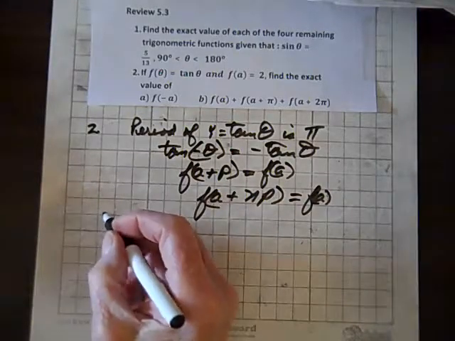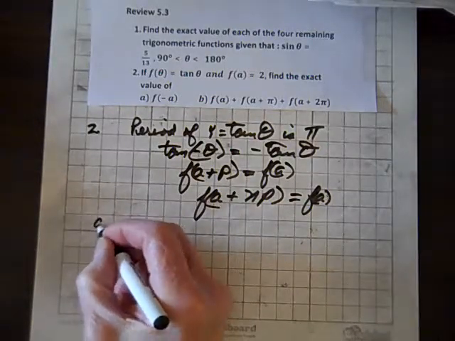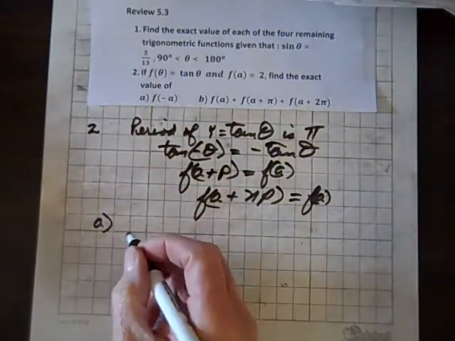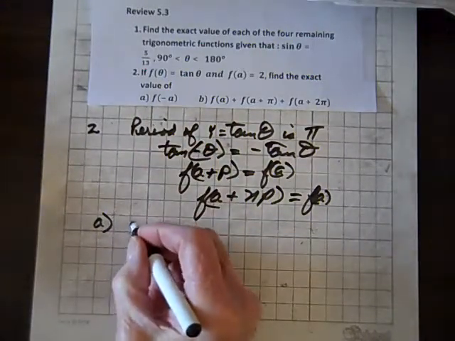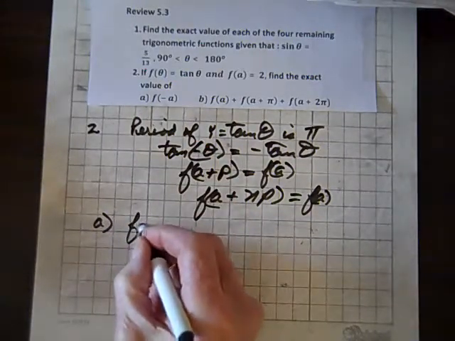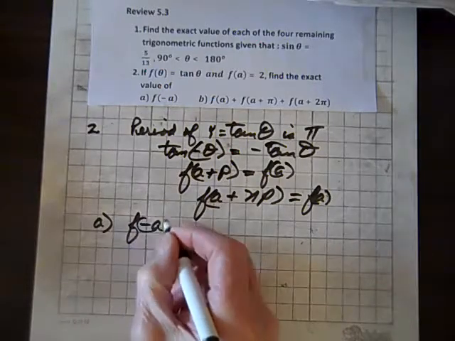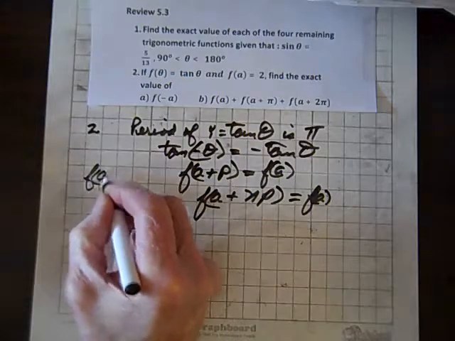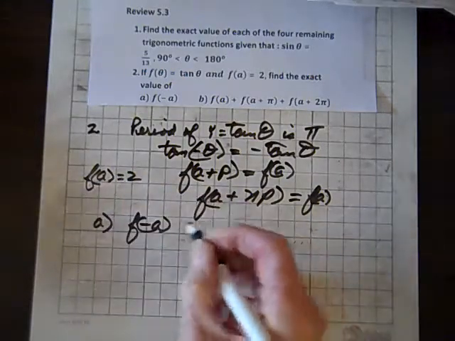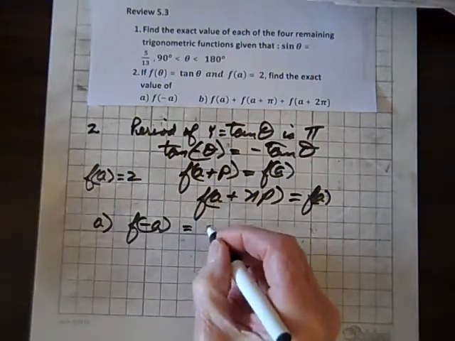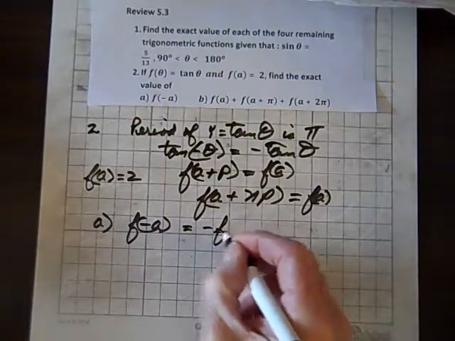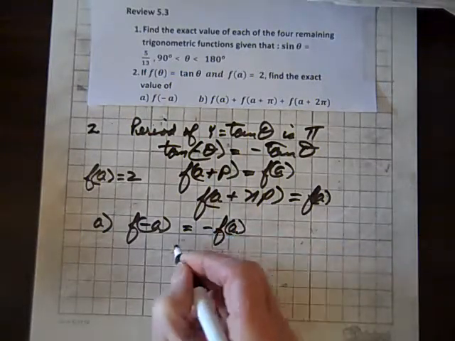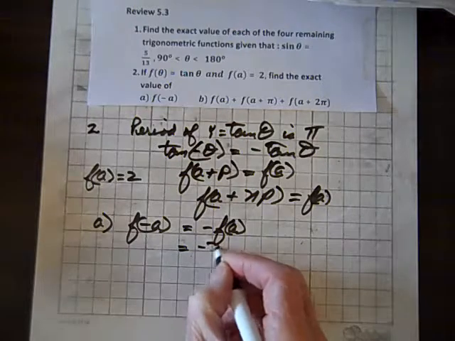So now, let's look at item A, and that says evaluate f of negative a, given that f of a equals 2. Well, that's going to be negative f of a, and that equals negative 2.